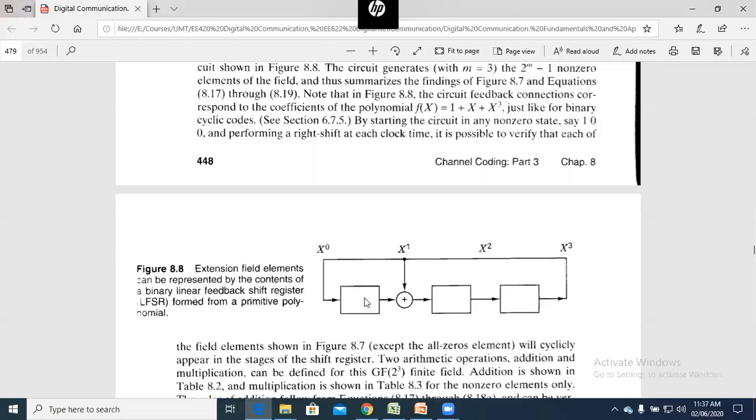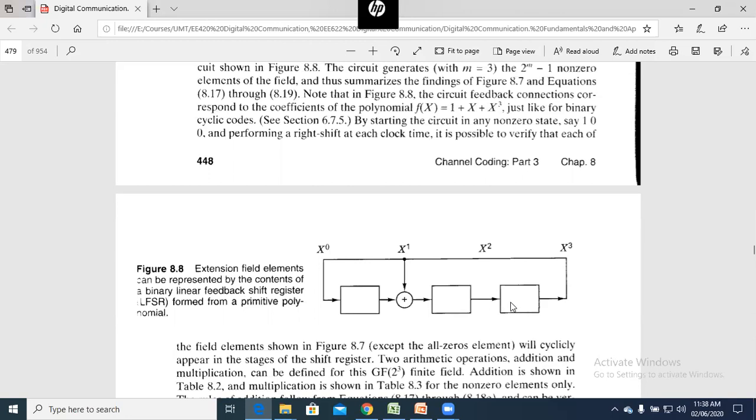So we start from the value of alpha naught, because alpha naught is equal to 1 and is the first symbol from where we start. And with the cyclic shift, we are able to generate the other symbols of the Galois field.